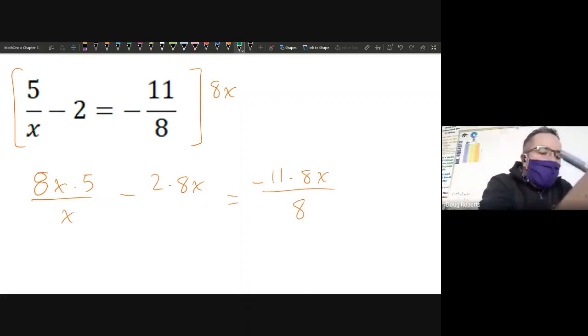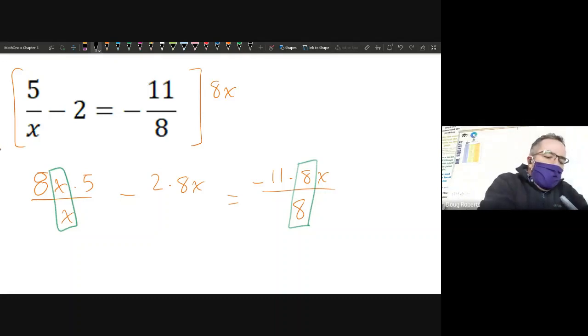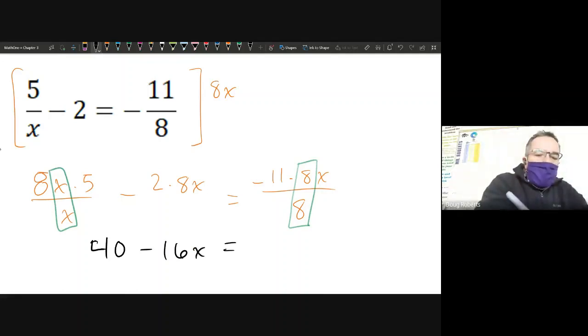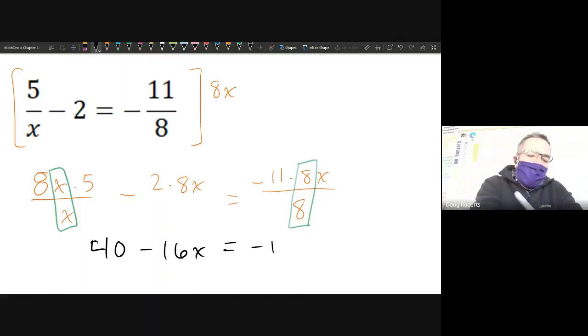So I can clearly see that these are gone, that this is gone, right? So what we're left with is 40 minus 16x equals negative 11x.